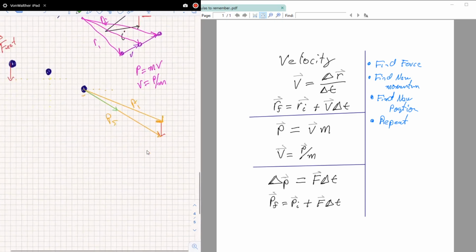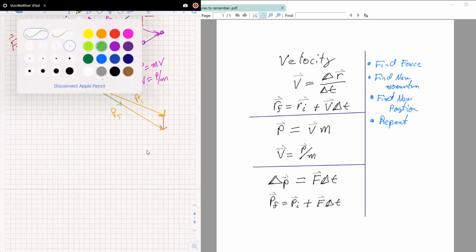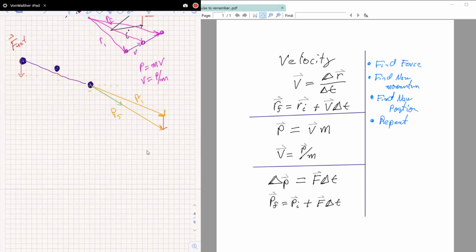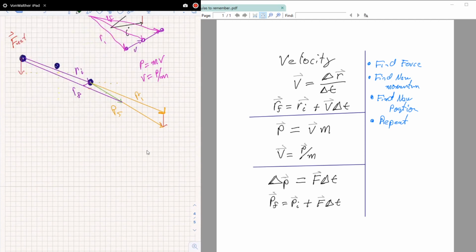And so what's going on here is, if we take our origin, coming back all the way to our origin, let's go in purple. This is currently our initial position vector. And so therefore our final position vector would just be this right here, which is our velocity times our change in time.